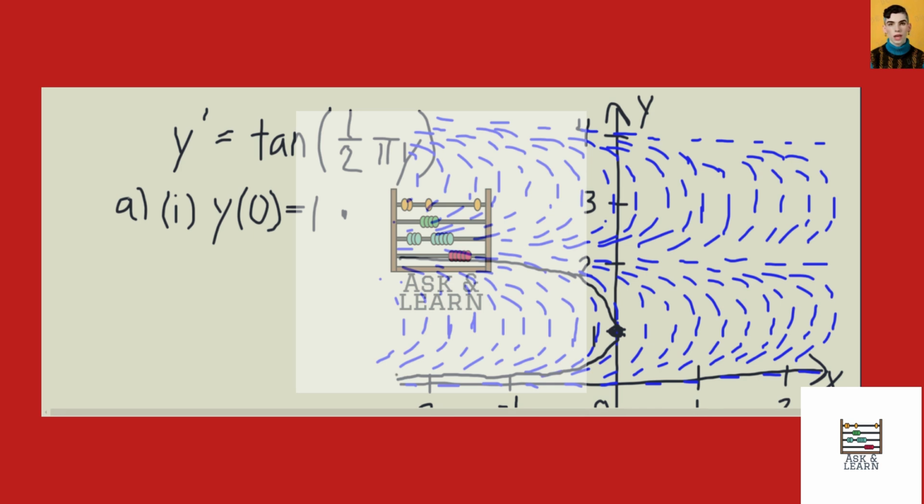In fact, it has two asymptotes, one at y equals 0 and one at y equals 2. And we see that this graph does not have any values in the first quadrant, third quadrant, or fourth quadrant.